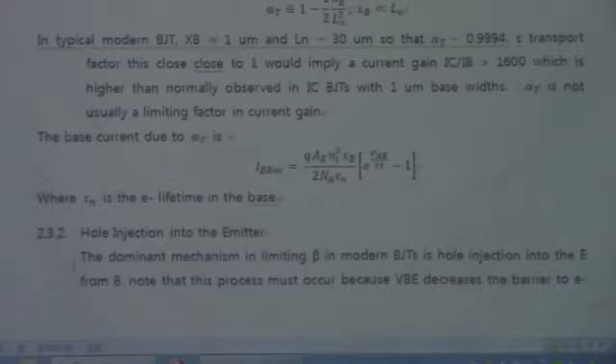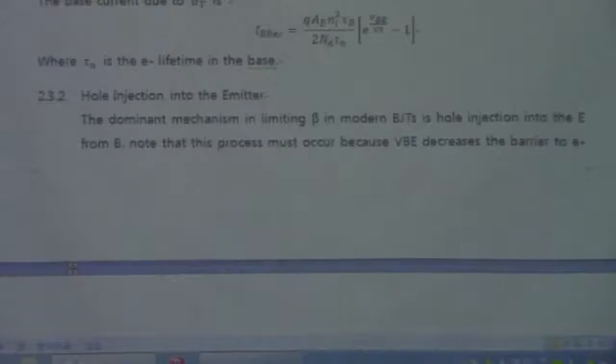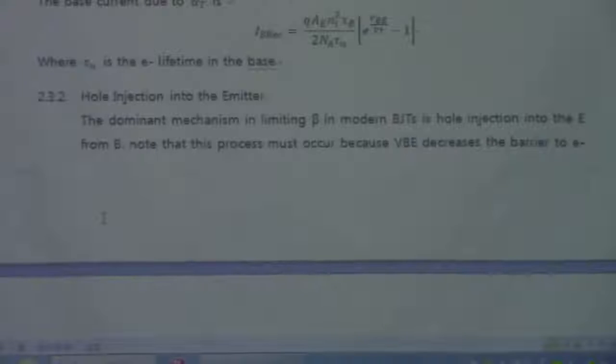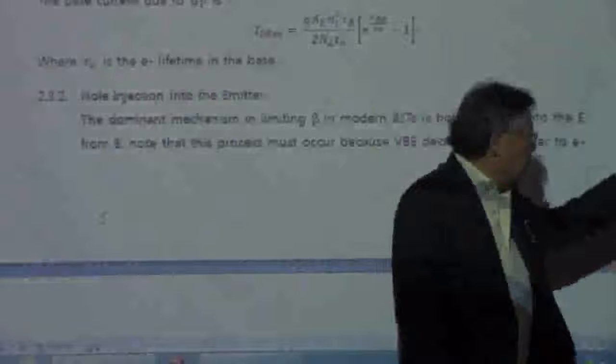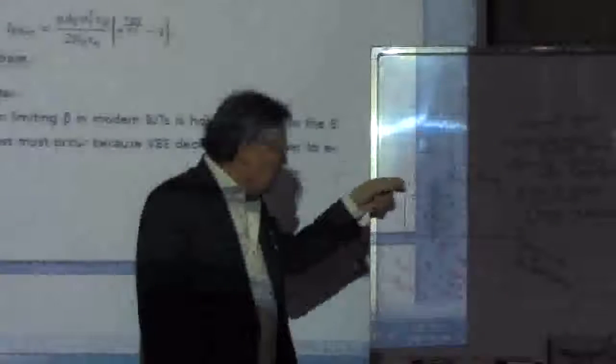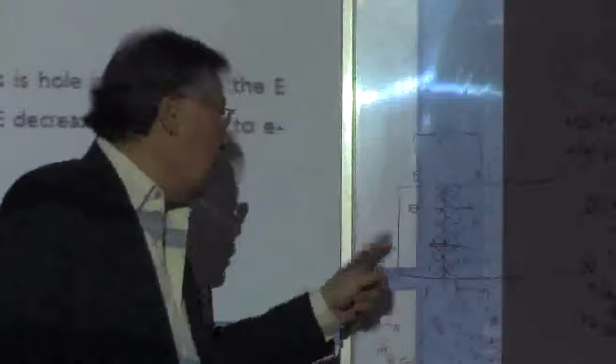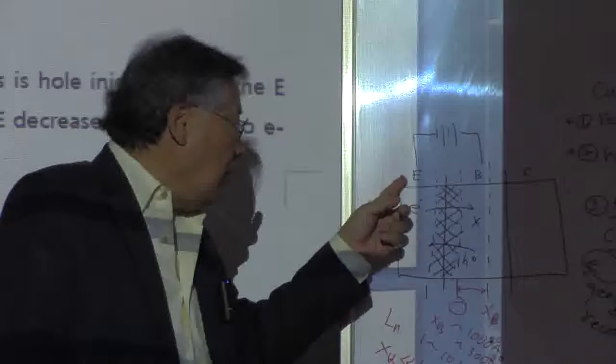Well, the next section is hole injection into the emitter. We are going to have electron injection into the base with the same voltage, and at the same time we're going to have hole injection into the emitter from the base.